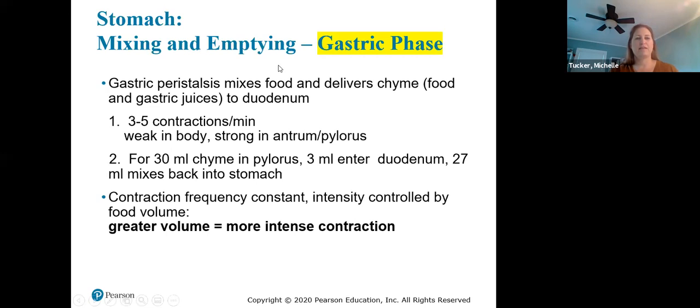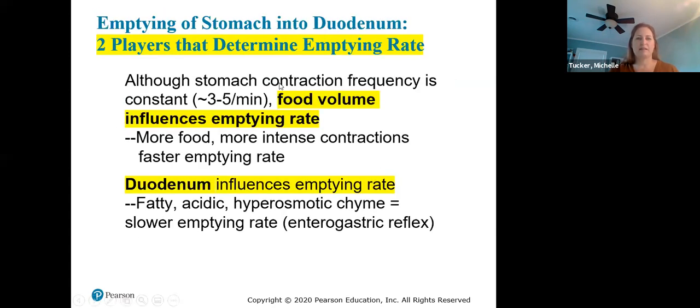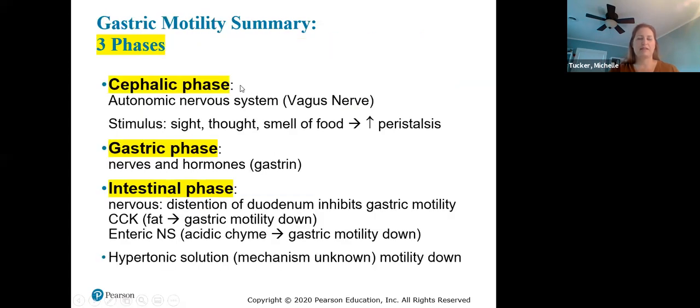There are 3 phases of digestion. We'll probably go back over these when we get to digestion and absorption. It kind of fits a little bit better there. But there are 3 phases. Digestion starts with the cephalic phase of gastric motility.